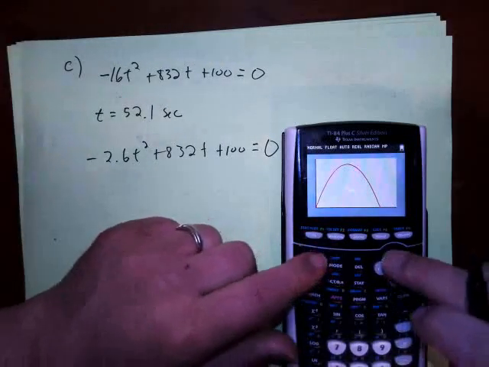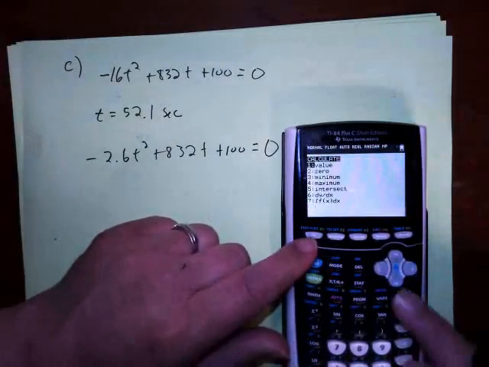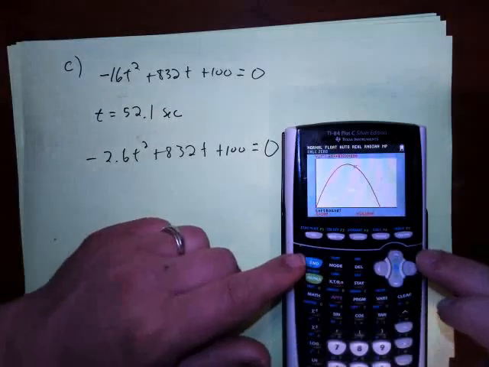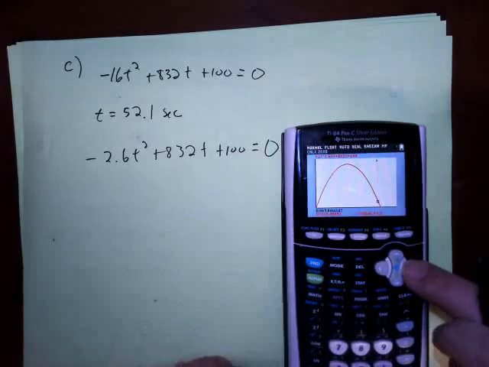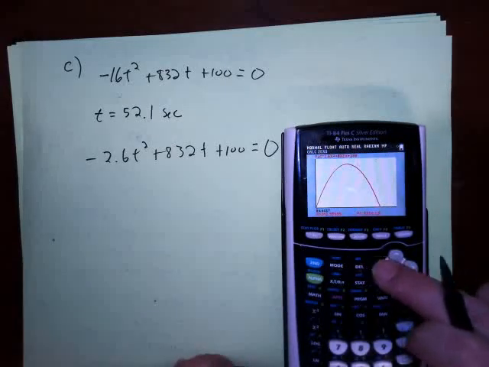Now I'm going to go to second calc and do the 0. Now I'm going to go on the left side, and then on the right side, and then in between.